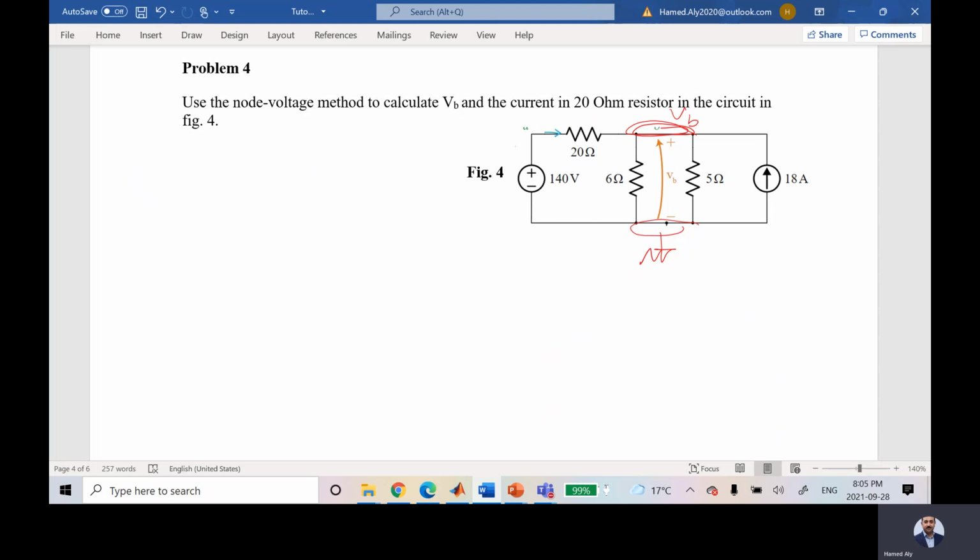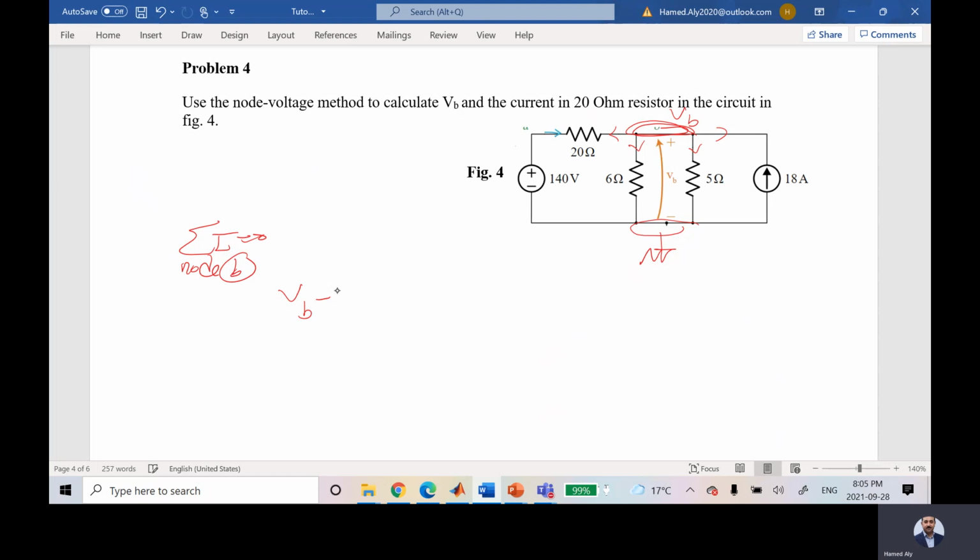So I will say summation I is equal to 0 for node B. I'm going to assume all currents are leaving the node. So this current will be equal to VB minus this voltage, which is 140, over 20.